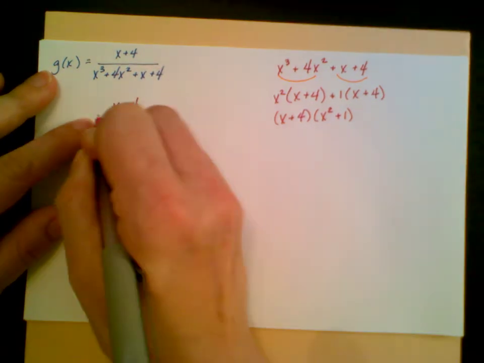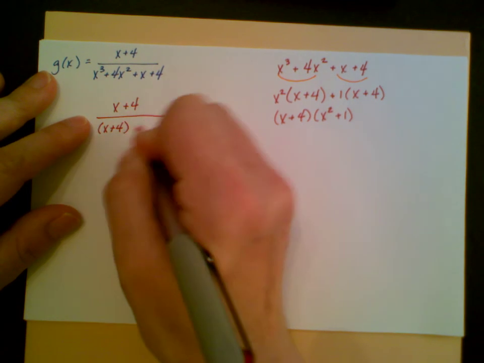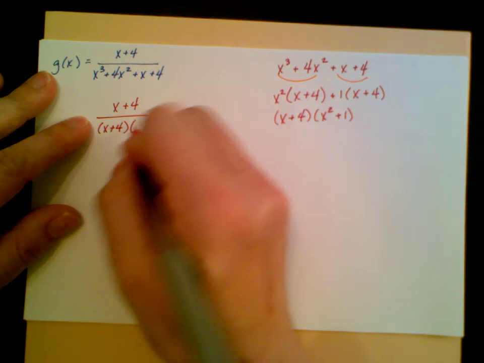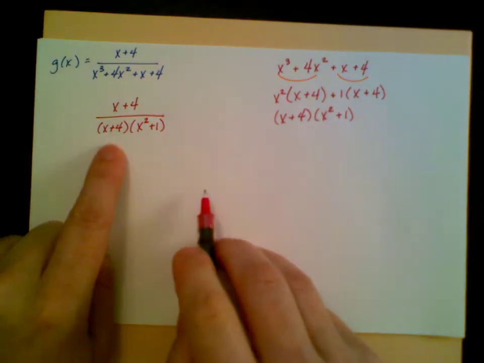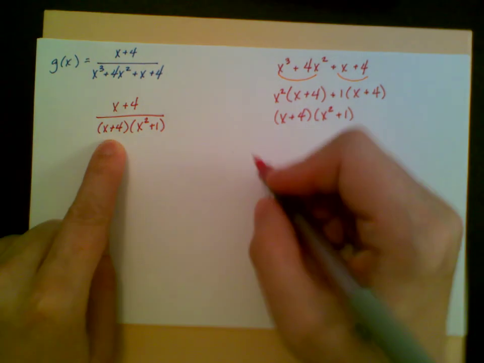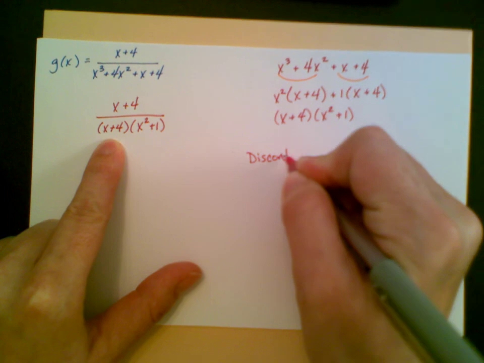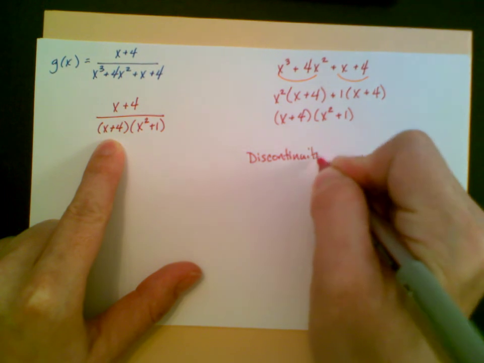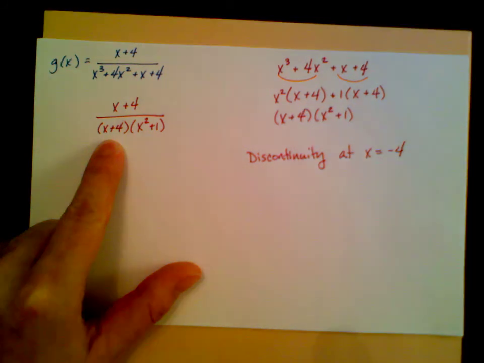And since the top can't be factored at all, I now have everything completely factored. So I do have a discontinuity at x equals negative 4.